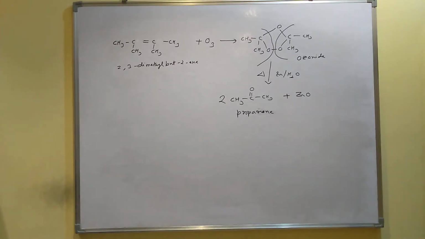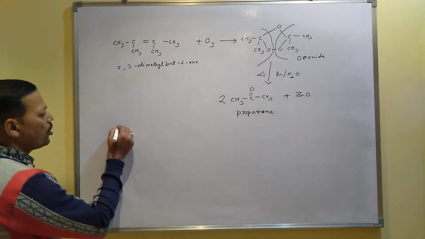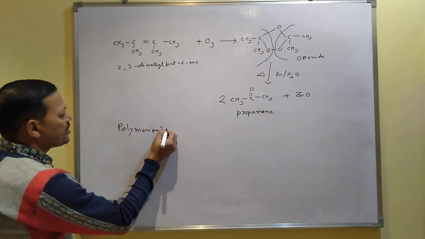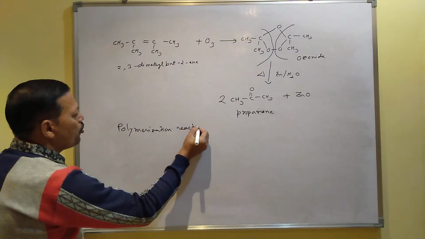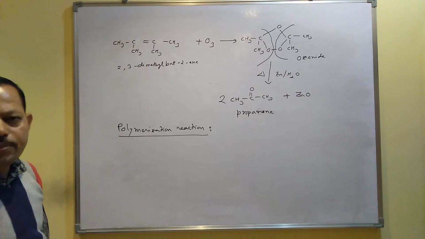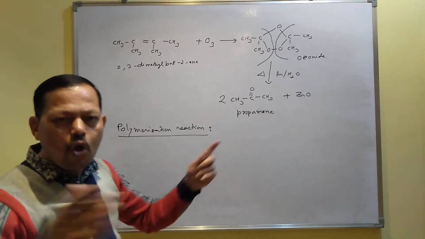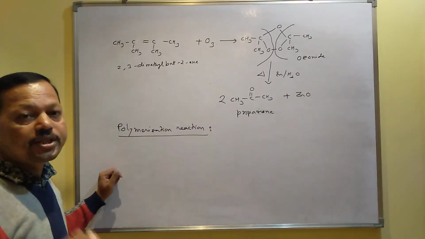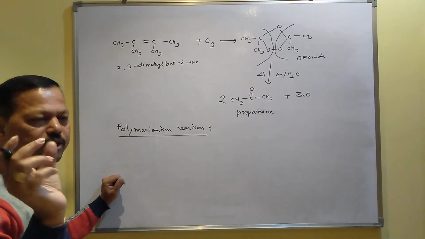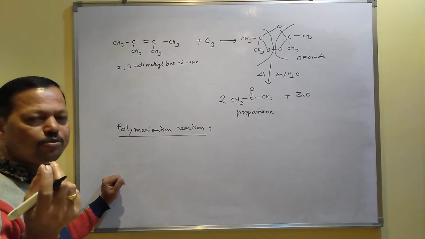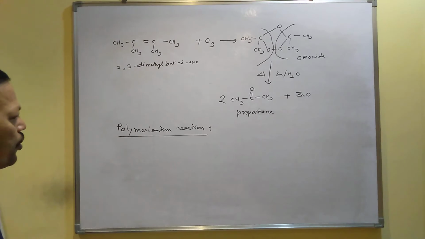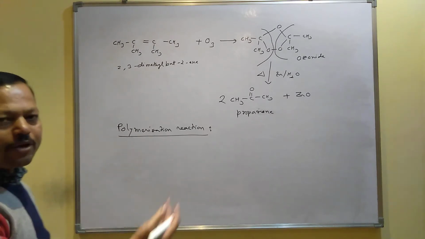And the last reaction is called the polymerization reaction. Polymerization means, do you know about polymers? Polymers are long chain compounds which have high molecular mass, and this type of polymer is produced from some simple, smaller compounds which are called monomers. So the polymerization reaction means a polymer will form.